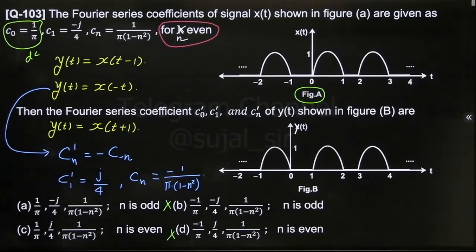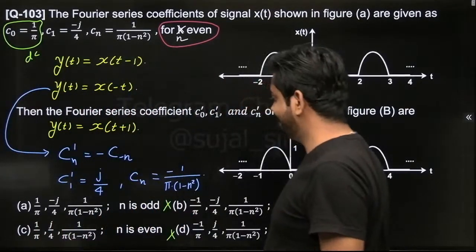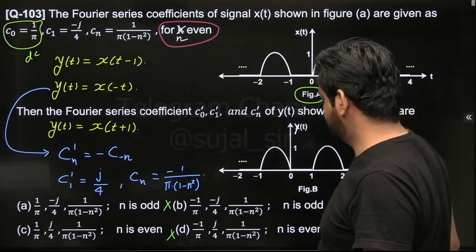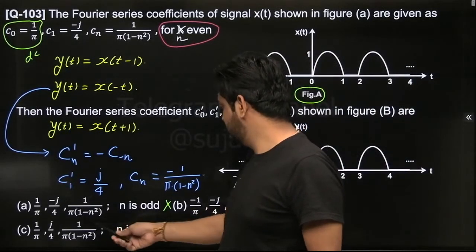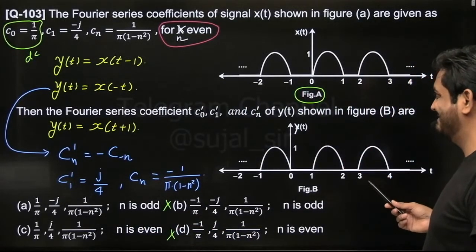Again even value of n, guys. Again the same thing. This is the property, so the answer should have a minus sign. There is no change in DC, guys. Simply the time shifting property.